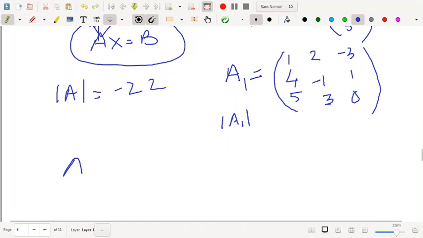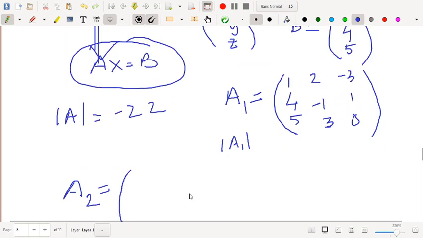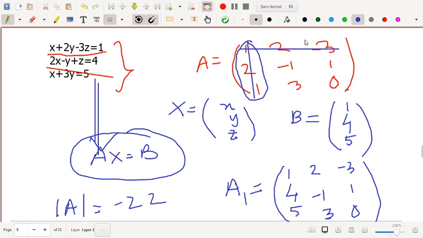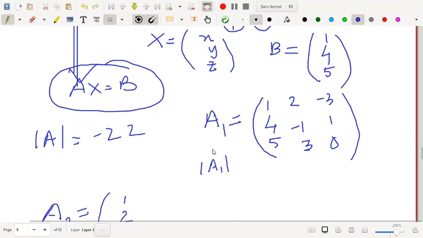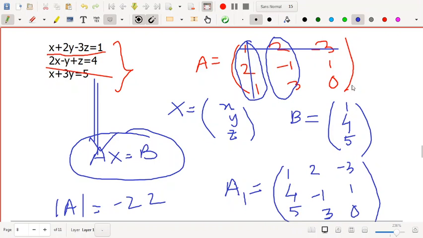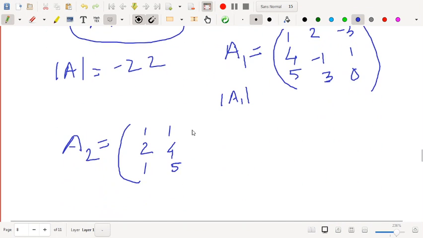What is A2? You will replace the second column. The first column 1, 2, 1 remains the same, but you replace the second column. Instead of 2, minus 1, 3, your column will be 1, 4, 5, and the last one is minus 3, 1, 0.